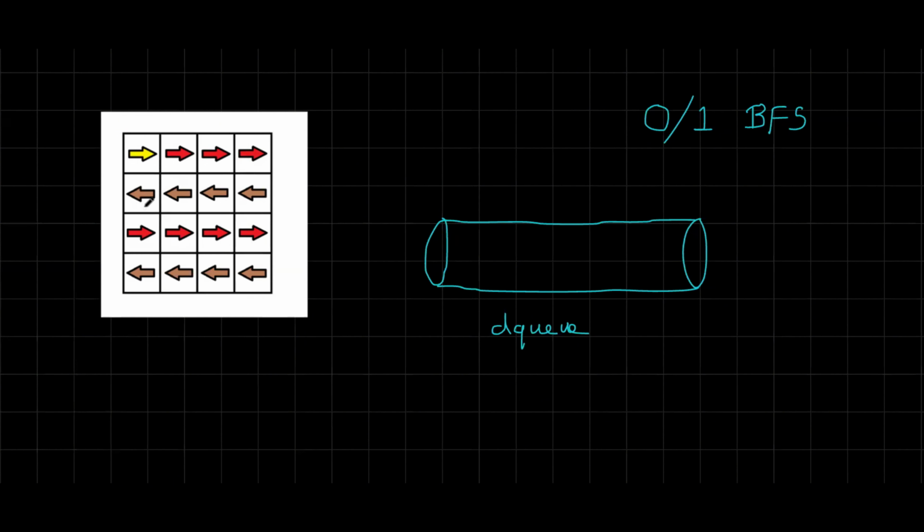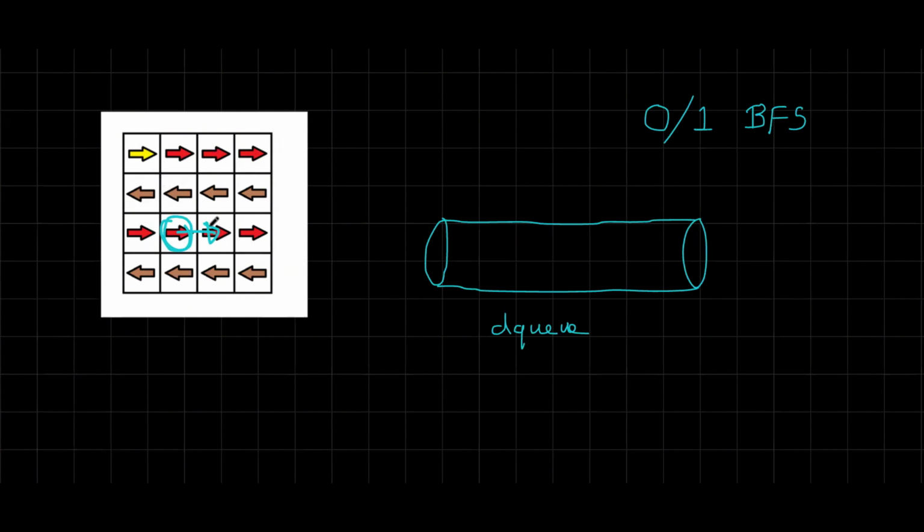Now let's see how we can solve this problem. If you understand it correctly, this is basically a 0-1 BFS problem. Why so? Because suppose currently we are at this cell. From this cell we can directly go to its right cell.